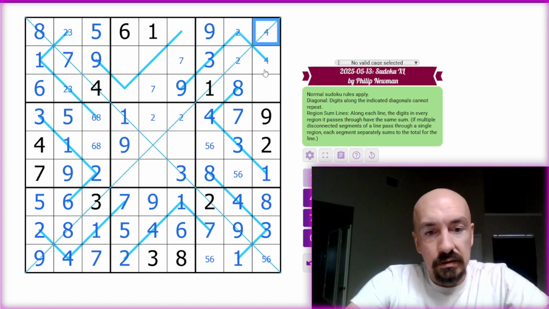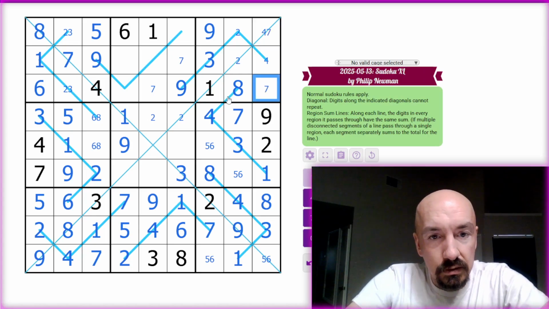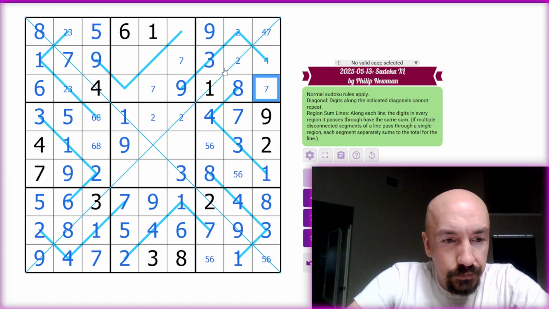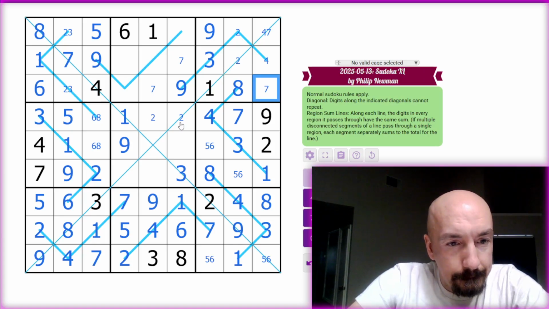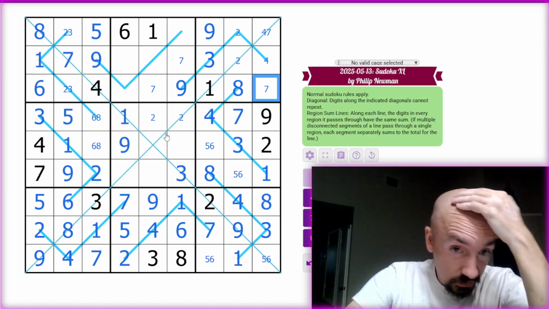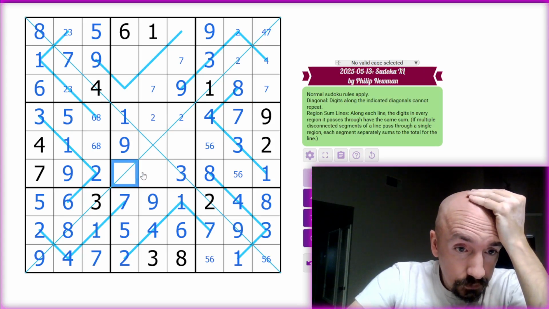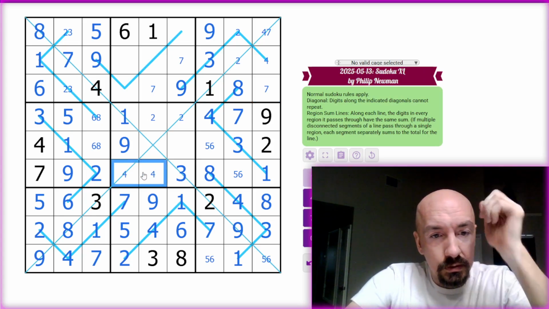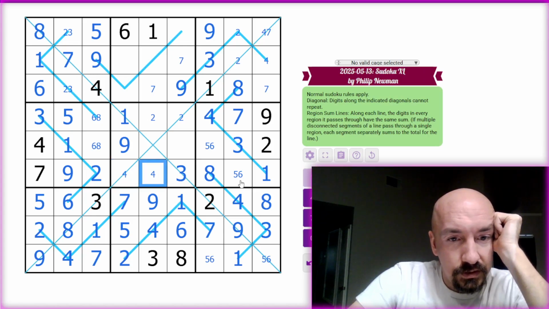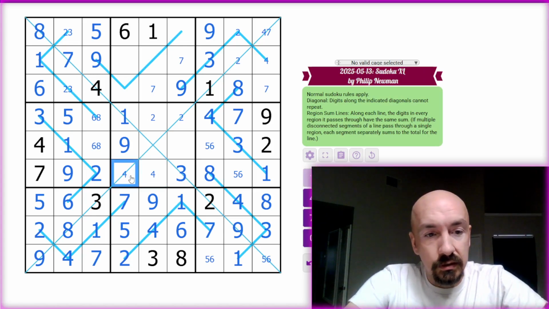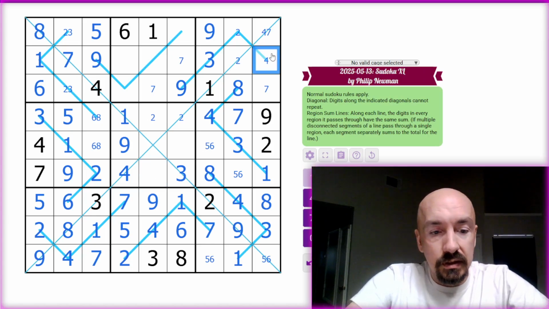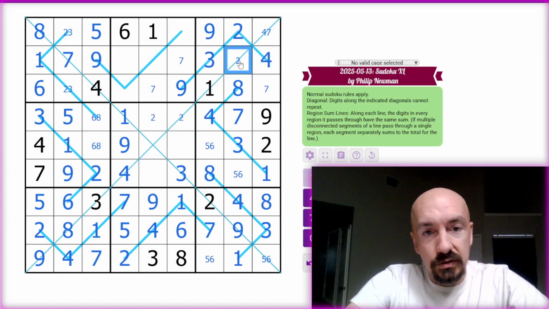So 7s are here and here. So this becomes a 4, 5, 6 triple. So I can place the 4 here. So 4 is there. This is a 4. So that's 7. So this is a 2.